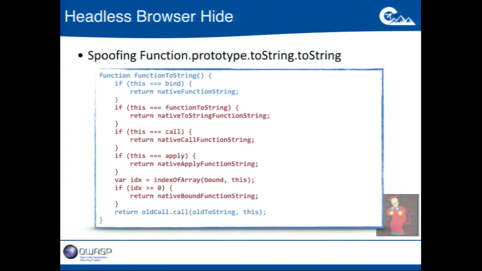Then somewhere else we will call apply and call on a function, and for them you have to do that as well. Another observation is that the function returned by bind is also a native function. So whenever you bind any function, you should put the new function inside a list and test whether the list contains the function you want to spoof. If that's the case, then you return a native string there. Now, this is a hard trick, and so far we haven't found any way to detect this spoofing.